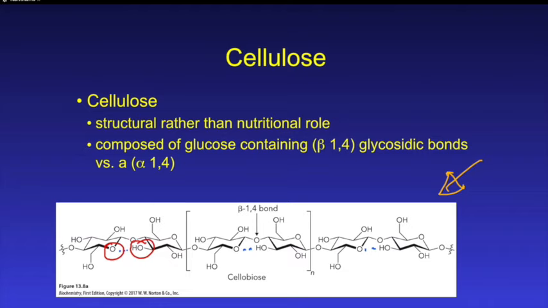Unfortunately, in the mammalian system, in the human body, we do not have an enzyme called cellulase to break this down. There are ruminant animals that can break this down, and so some animals like cows can eat the grass and extract nutrition from it, but we cannot.